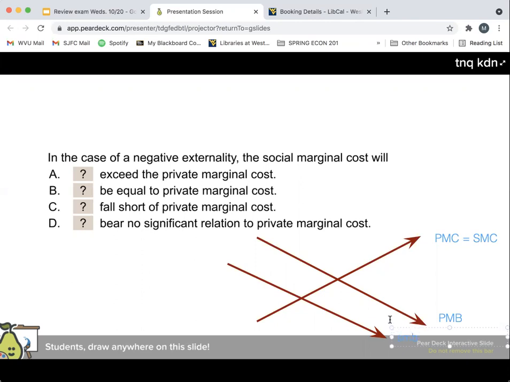In this graph, I'm showing some curves. I'm showing that social marginal cost curve and that private marginal cost curve. I'm also showing the private marginal benefit curve and that social marginal benefit curve.